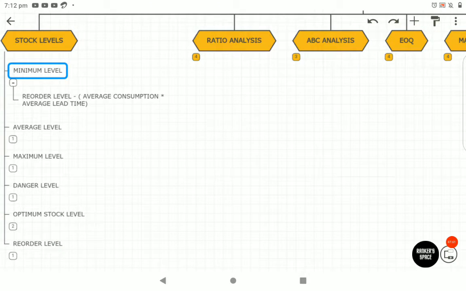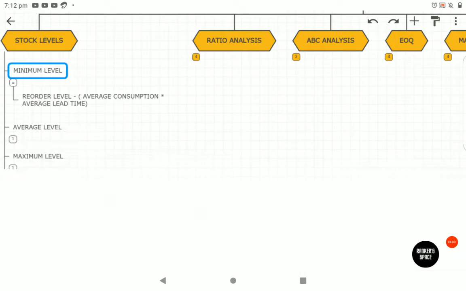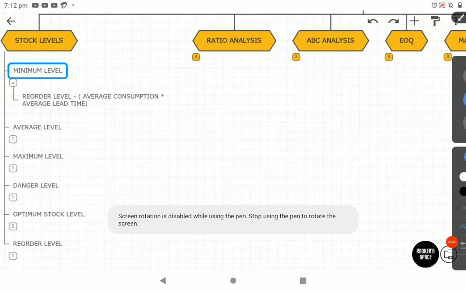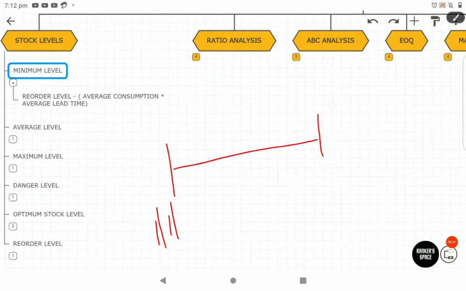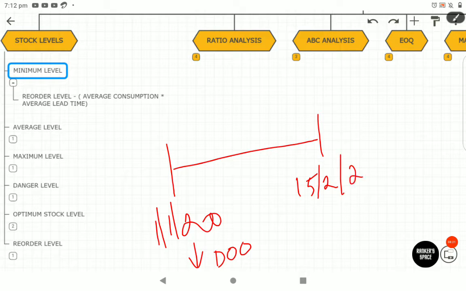you would often come across this term called lead time, as in average consumption into average lead time. So what is lead time? Lead time is the time lag between, for example, you place an order today, 1/1/2020, for some raw material, and only on 15/1/2020 you get the order delivered.